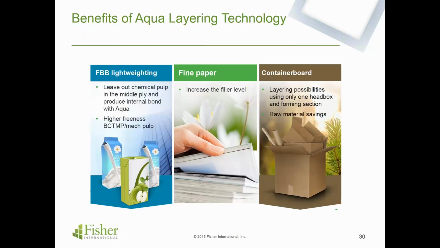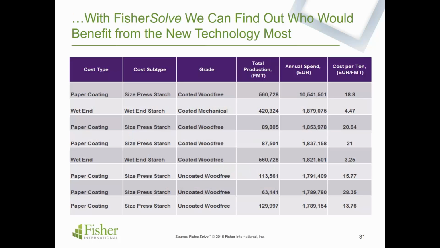Here is actually a collection of what grades and how they could benefit from this kind of technology. There can be huge savings if, say, the manufacturer of this technology says that there can be a 30% wet end starch saving, and we can see starch consumption line by line in the wet end and in the size press.